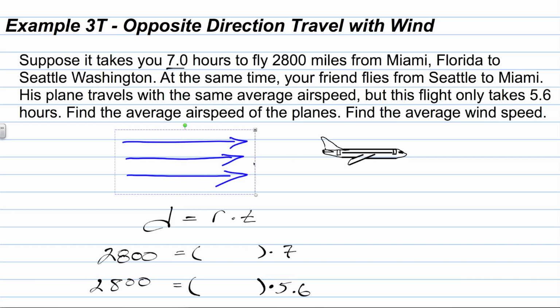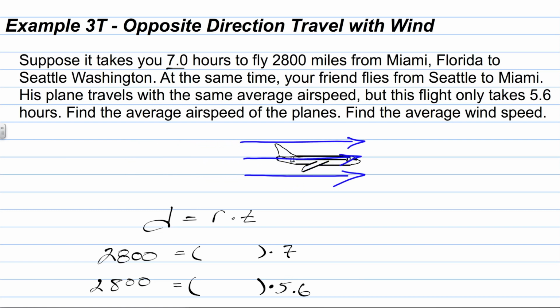When you are traveling with the wind, now notice here I have a diagram. These three blue lines represent the wind, and here's an airplane. When you're traveling with the wind, your speed is increased by what's called a tailwind. That wind coming from behind increases the airplane's speed.